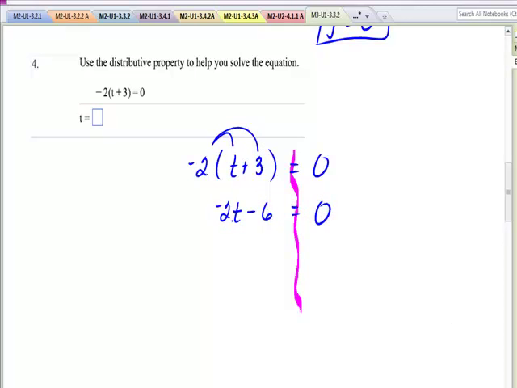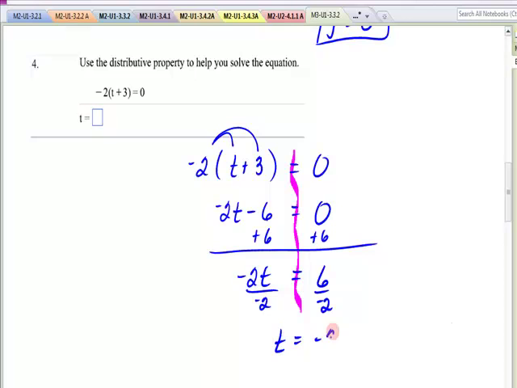Are there t's on both sides? No. Is there a constant on the side with the variable? Yes. I'll add 6 to both sides. So I have negative 2t is equal to 6. Divide by negative 2. And t is equal to negative 3. Okay.